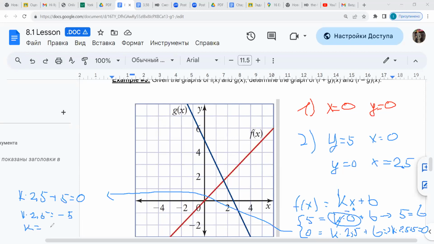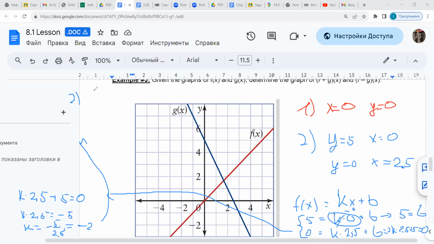Now k equals -5 divided by 2.5, which gives us how much? 5 divided by 2.5 gives me 2, and -2. So it's going to be k equals -2. Now, I already found one of the linear functions, the blue one. Now I can rewrite it here.